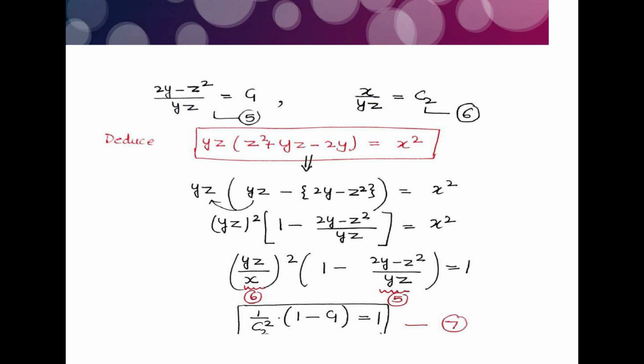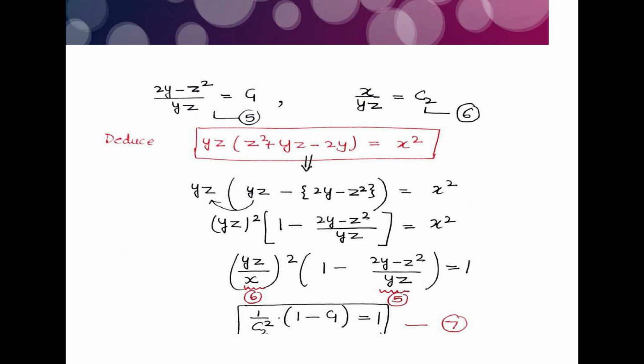So on the left hand side I am taking yz common. Then we have yz square into 1 minus 2y minus z square divided by yz. This is equal to x square. And now I can divide by this x square, right? Now see the second expression on this slide, which I have underlined.